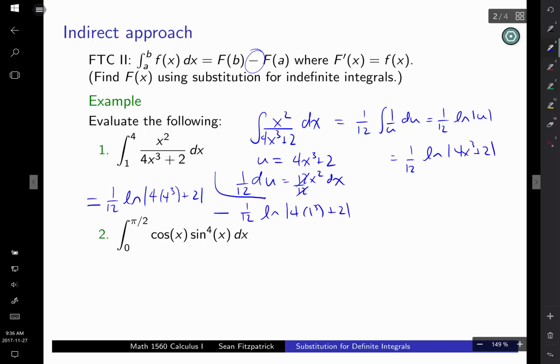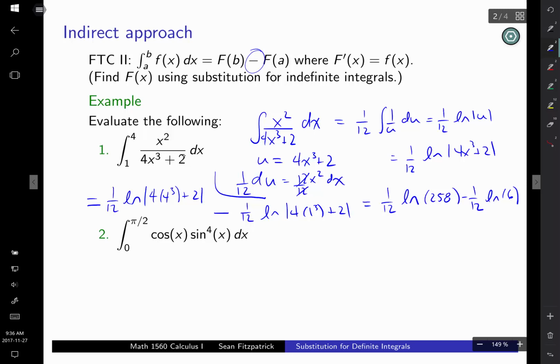Both of these terms are positive, so we don't really need the absolute value. So 1 over 12 times the natural log of 4 times 4 cubed, 256, plus 2 more, 258, minus 1 over 12 of the natural log of 6. Okay, you can leave it at that.